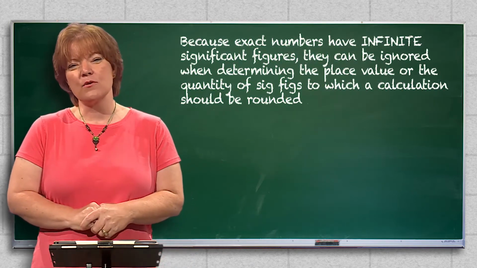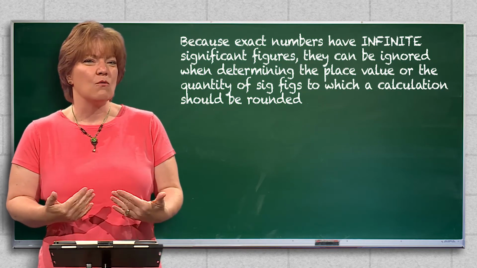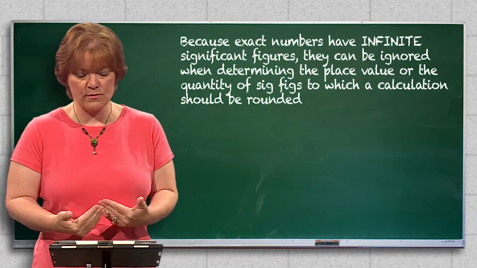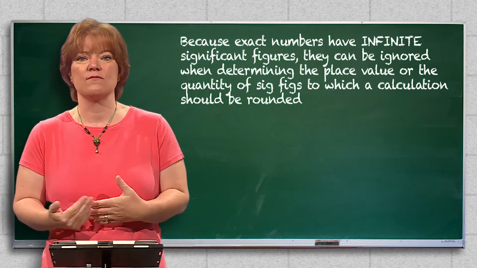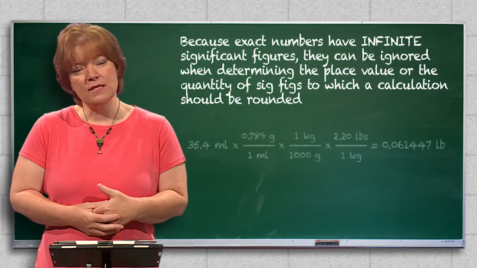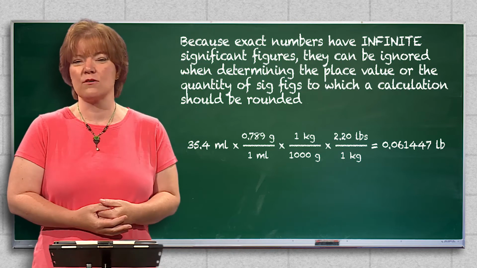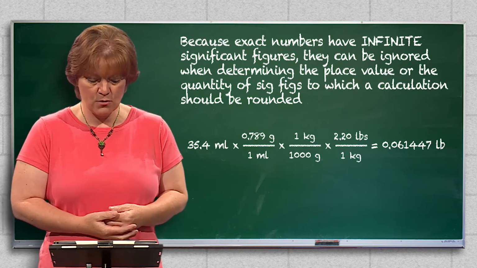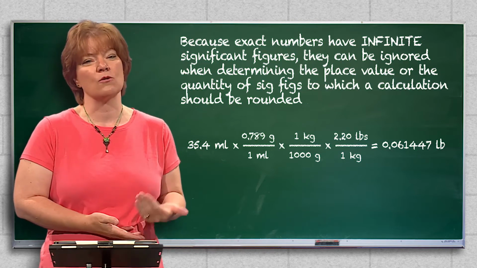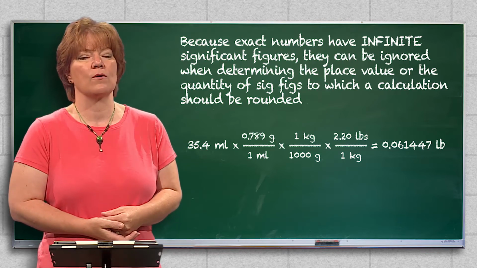Because exact numbers have infinite significant figures, we can ignore them when we're trying to determine where to round the place value or the quantity of significant figures when we're rounding a calculation. For example, in this calculation, we have 35.4 milliliters times 0.789 grams per milliliter times 1 kilogram per 1,000 grams times 2.20 pounds per kilogram.